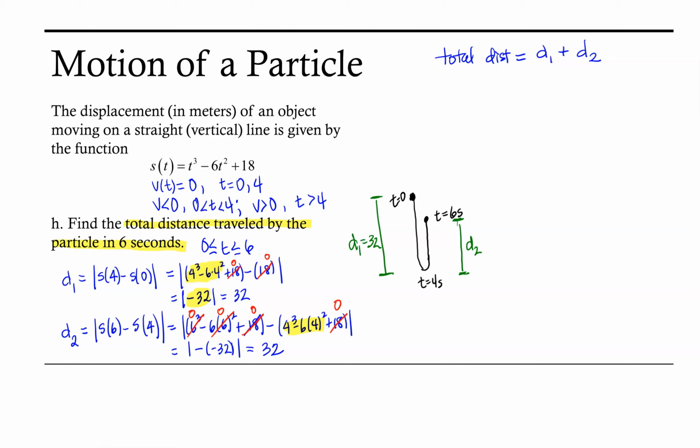So our D2 is equal to 32 as well. So the total distance traveled is 32 plus 32, and of course our units of measure are meters. So the total distance traveled by the particle is 64 meters. I hope this was helpful.